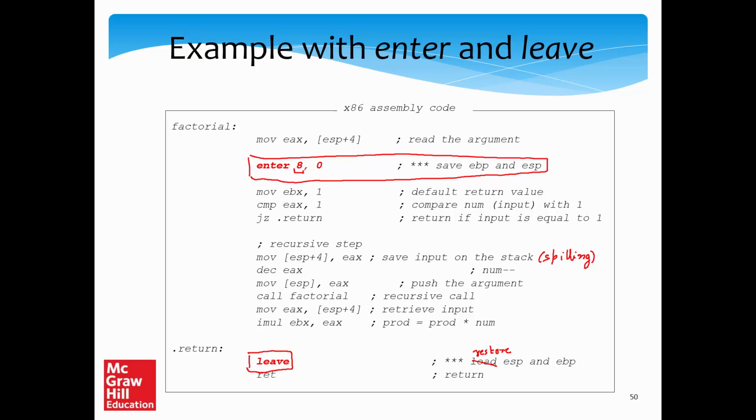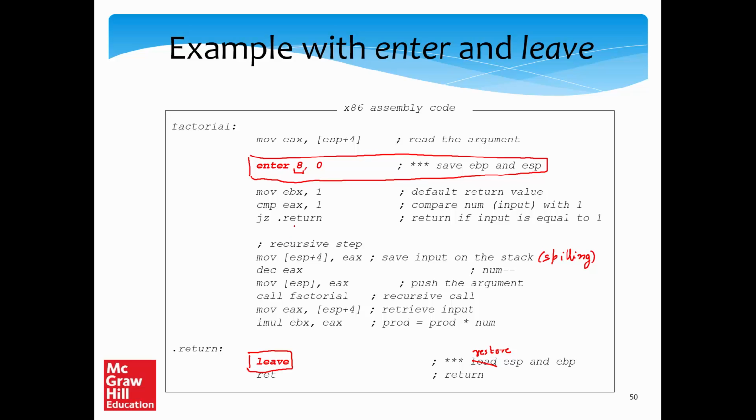And keeping track of the number of pushes and pops in a complex function is hard. That's the reason you save the starting state at the beginning with the enter instruction. Then you do whatever you want to do with the stack. And just before leaving, call the leave instruction, which will restore the value of the stack pointer and the base pointer. And then you return.